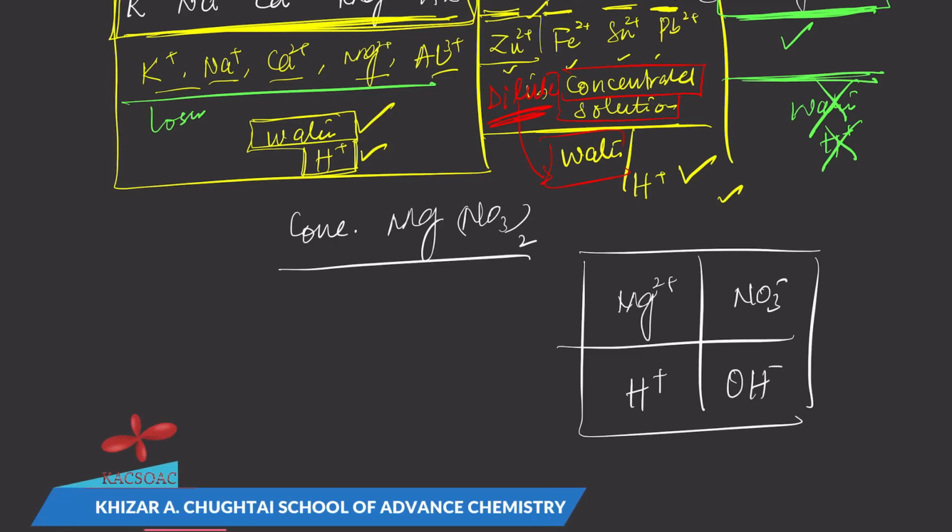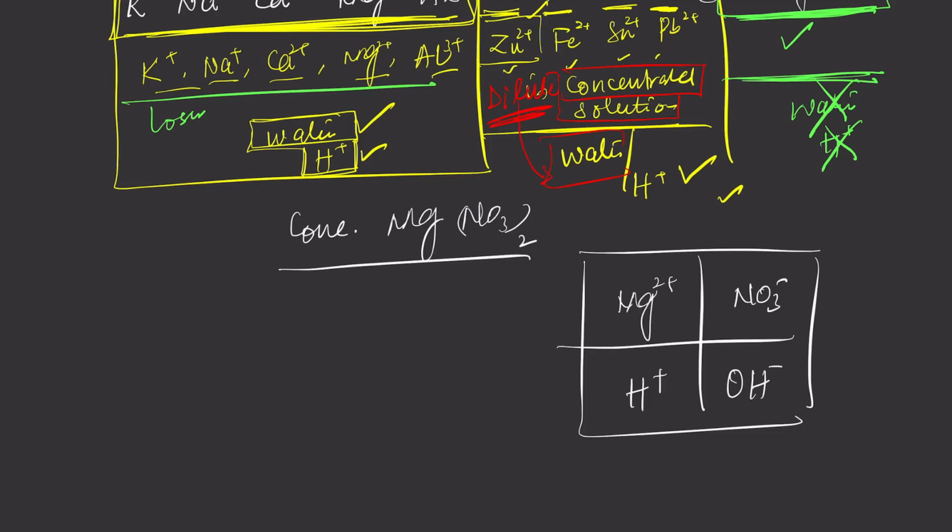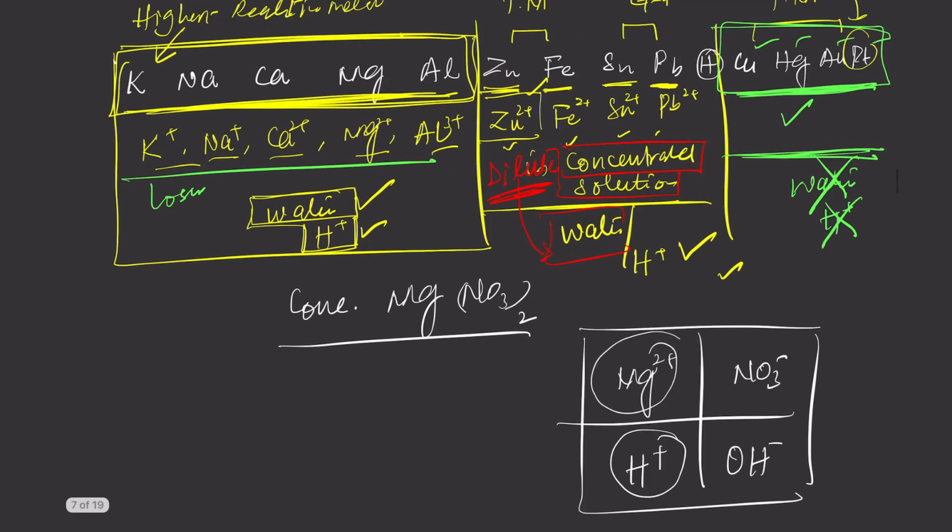As you know, now we are going to check the outcomes at the cathode. There is a competition between magnesium 2 positive ion and H positive ion. Magnesium is present in the first compartment, the yellow compartment you can say as well, and I told you they all are losers in all options.